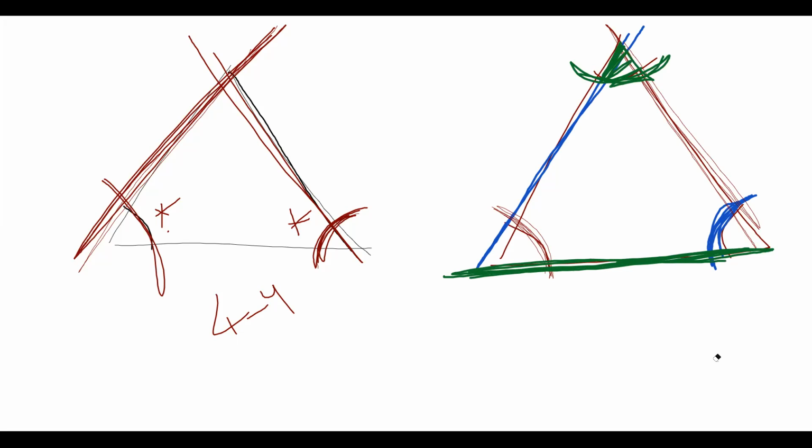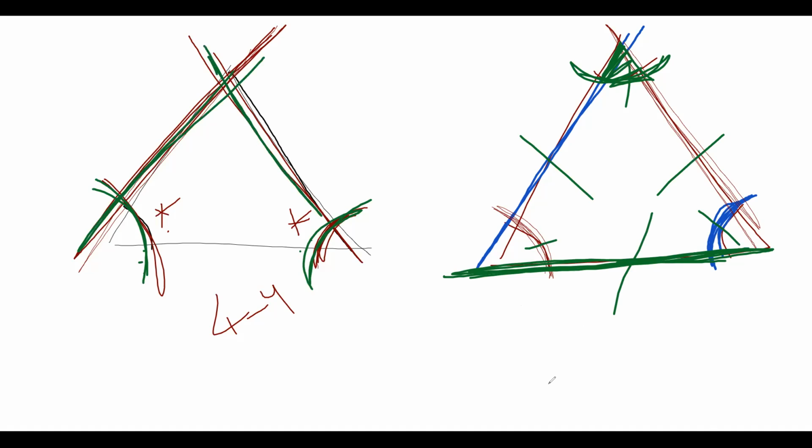Now, if I told you all of these angles are congruent, can I say that all of the sides are congruent? Yes, teacher, like 4, 4. In 4, 4, I'm talking about only two angles. If they are equal, its sides will be equal too.